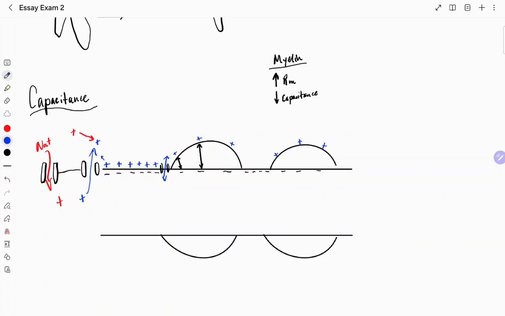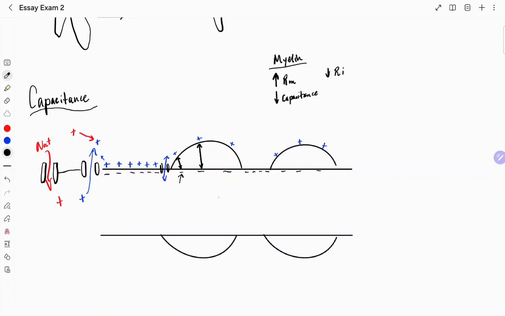Now, let's see. Myelin's also going to decrease internal resistance, partially because there's less of these negative charges in the way of the signal that's traveling down the axon. And also, this area where there's myelin is considered to be a little bit wider, from my understanding.